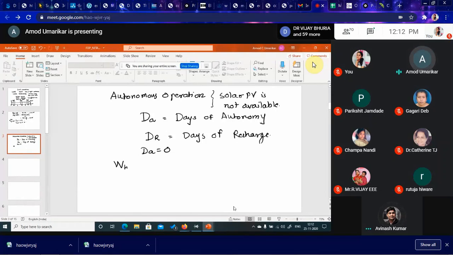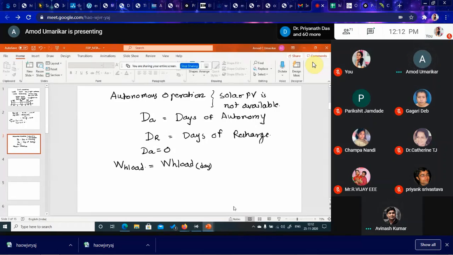Let's say this is a load. Load is mainly decided as day load plus night load. So this is the load in watt hour for battery, the load for day.